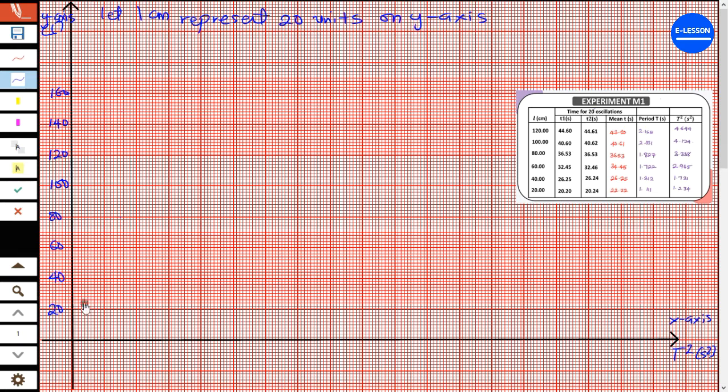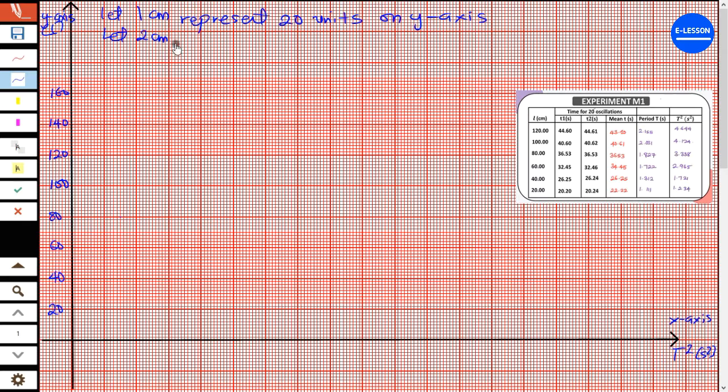Is that understood? Now on the x-axis, what will be your unit? Look at what you have on the x-axis: 4, 4, 3, 2, 1, 1. Now I can decide to say let 2 centimeters represent 1 unit. So on the x-axis, let 2 centimeters represent 1 unit on the x-axis.